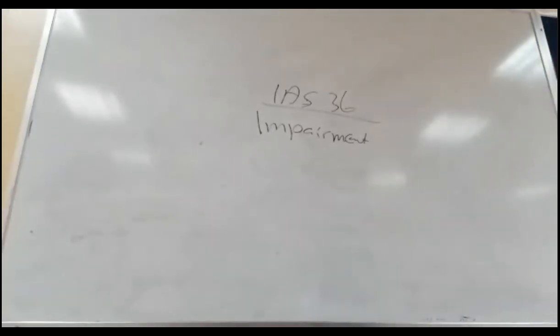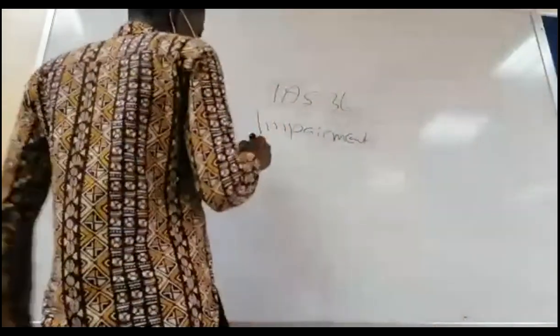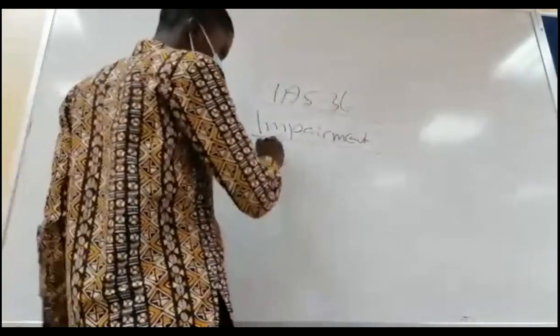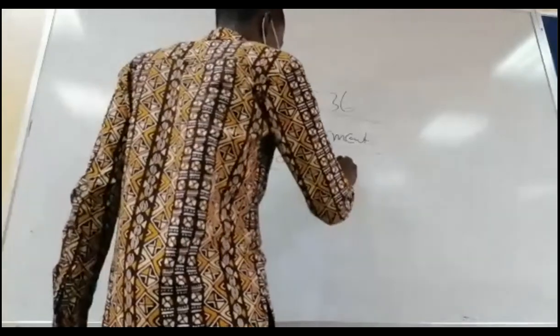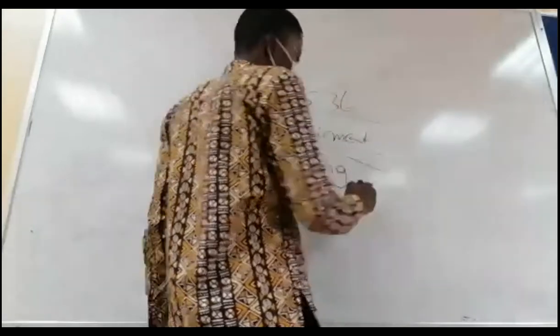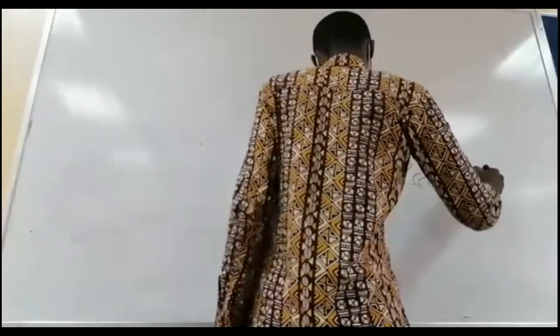Impaired. So that is the impairment. Good. So if I should go straight, we said the impairment exists if and only if the carrying amount of the asset is more. The carrying amount of the asset is what? Greater than the recoverable amount. So take notes of that.